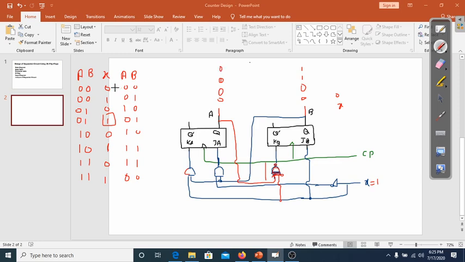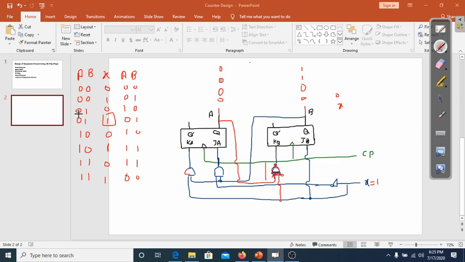In a similar fashion, you can analyze this table. So that's it. In the next class, we will discuss the reduction of the state table, and also the state assignment.